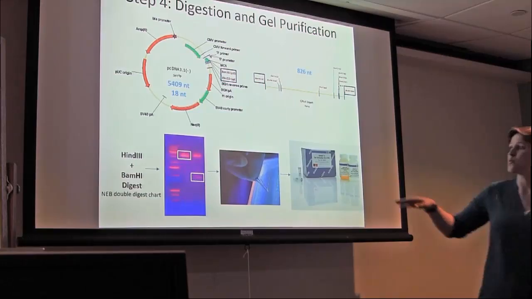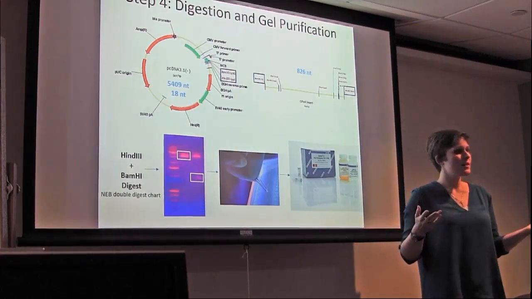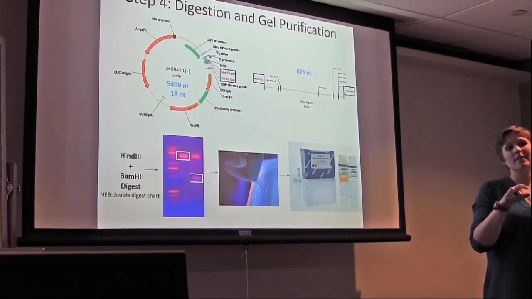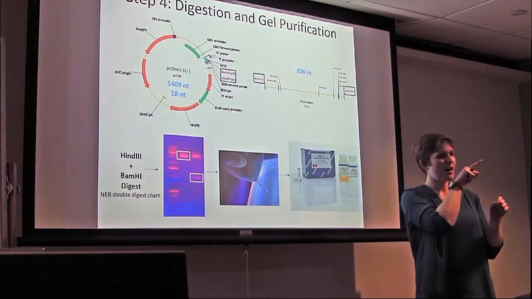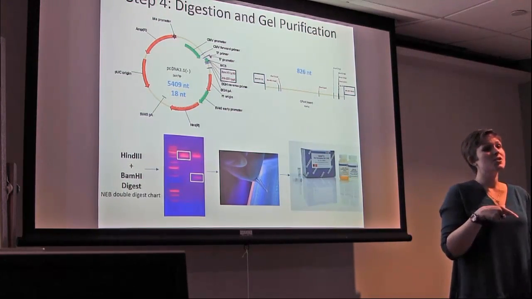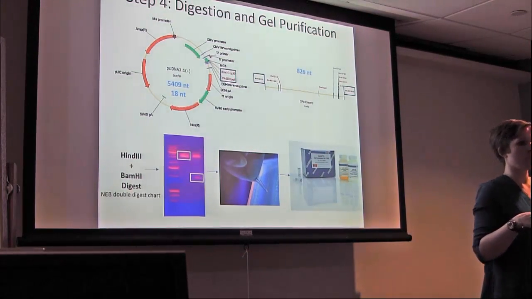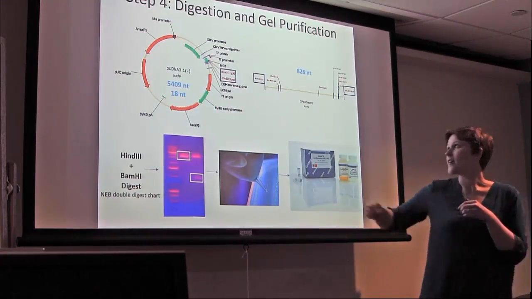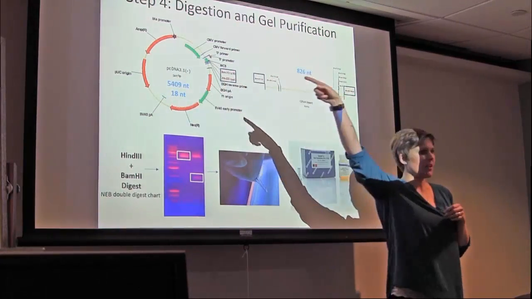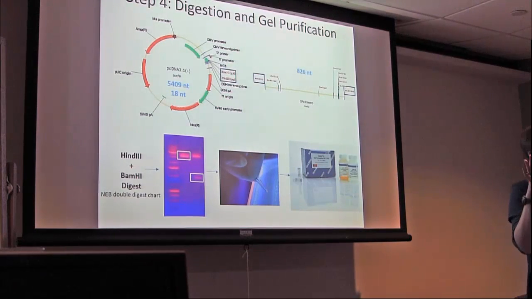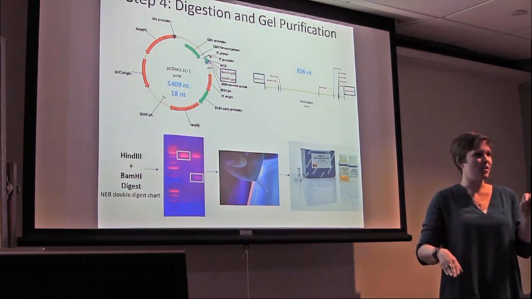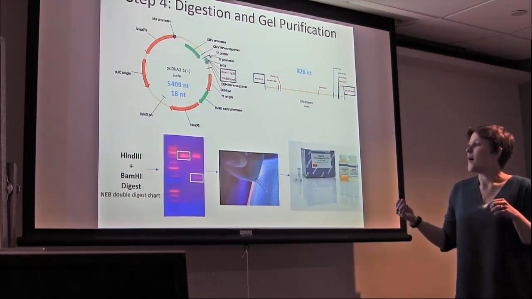What you'll want to do is run these on a normal DNA gel, and then based on the size that you're expecting to have, cut out your bands. So this ensures that we don't end up religating our 18 nucleotides that was in here. You want to make sure you separate your plasmid or your vector from the insert that you've cut out of it.